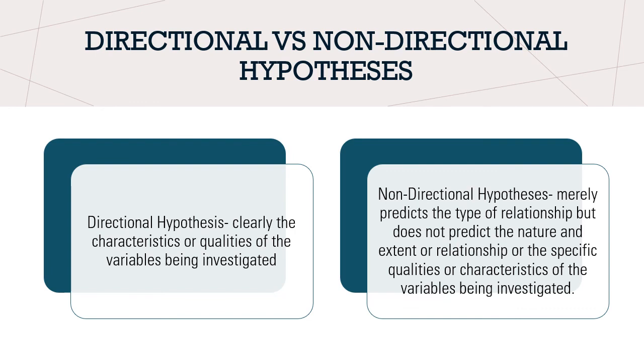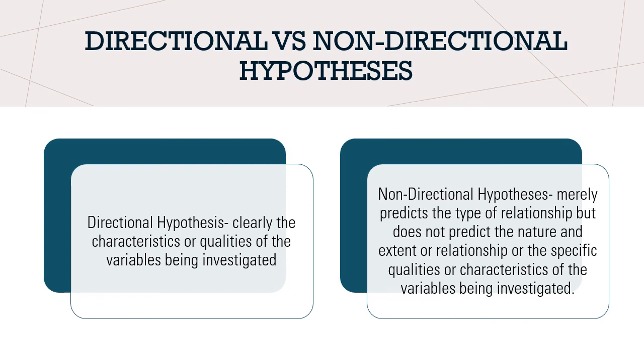When I say directional, your keywords are words like higher, lower, better, bigger. Whereas when I say non-directional, it would just say there is no relationship. To give you an example, non-directional first. I can say that there is no significant difference in the knowledge about COVID-19 among nurses and doctors.